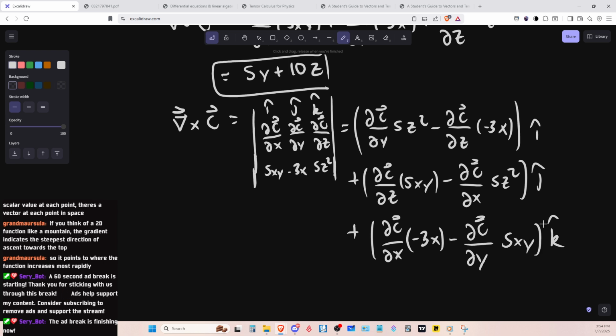So k is the only one that's going to be left. Because if you differentiate that, that's going to be 0. Differentiate this, that's going to be 0. Differentiate this, that's also 0. This is also 0.